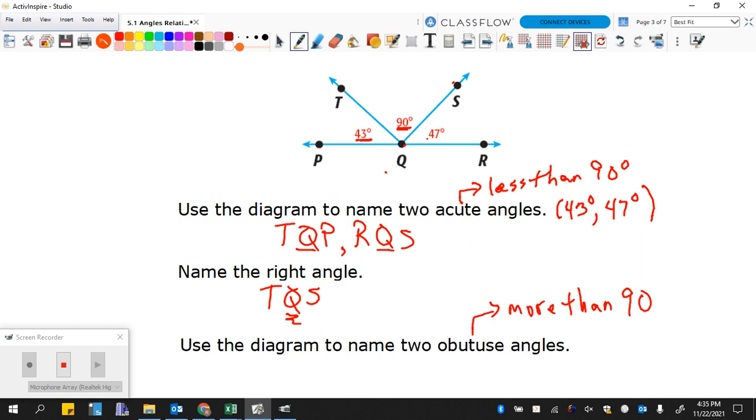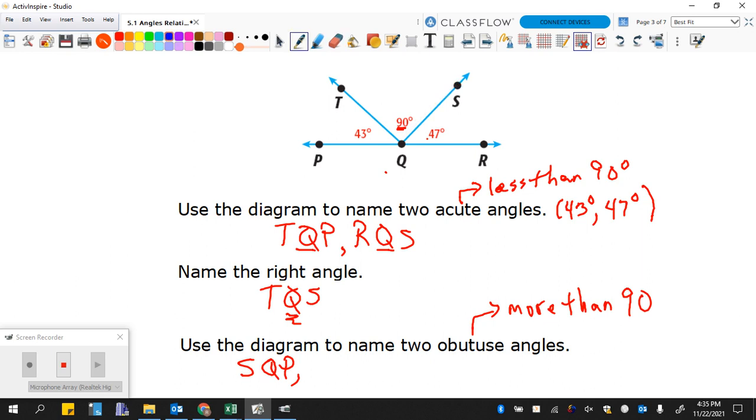So start up here at the 90, come down to the Q, and then instead of going up to the T for the 90, we come over to the P for adding the 43 to it. So that is SQP or PQS, which takes care of the 43-degree addition.